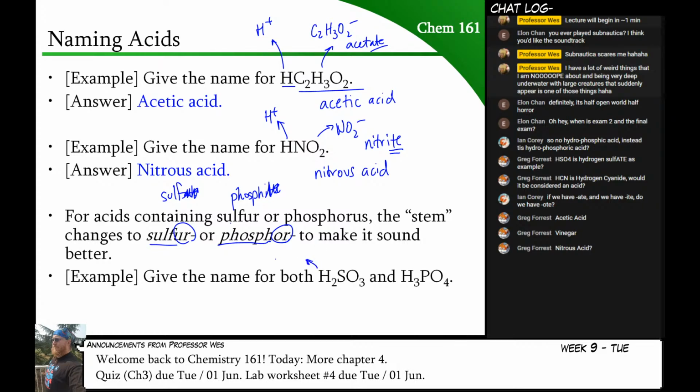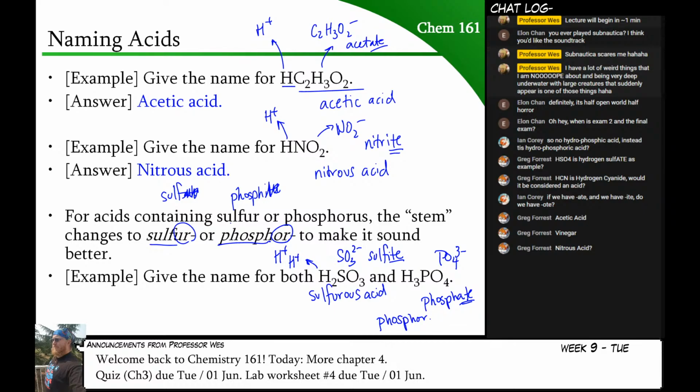So we got two H pluses. We got this, which is sulfite. So this would be sulfurous acid. And then for the phosphate one over there, we got that. That's phosphate. We're going to get rid of the ate.